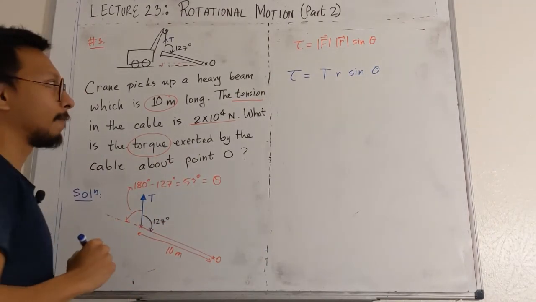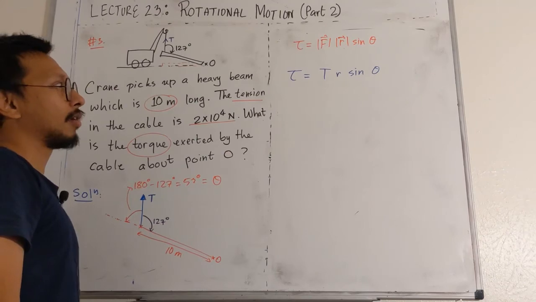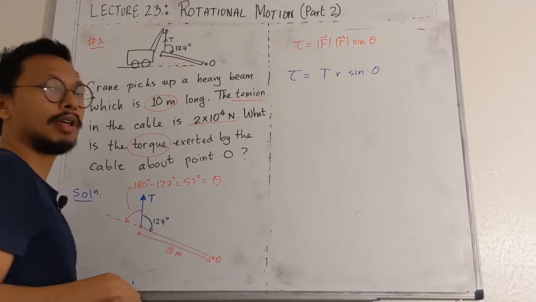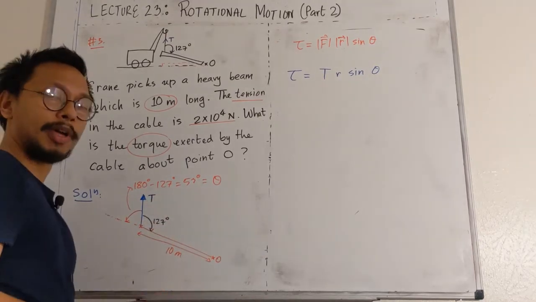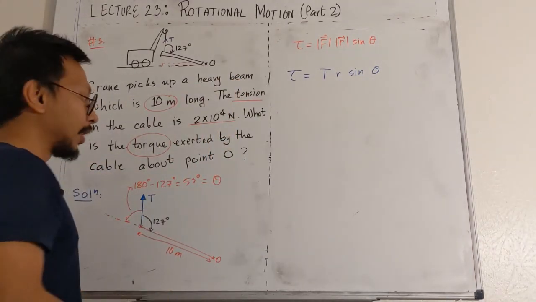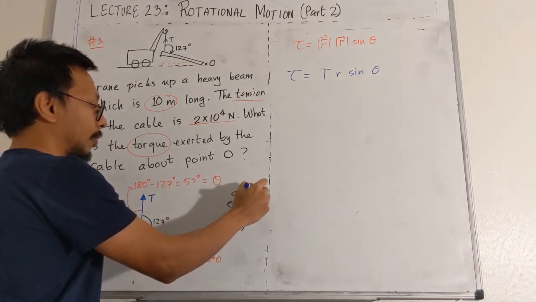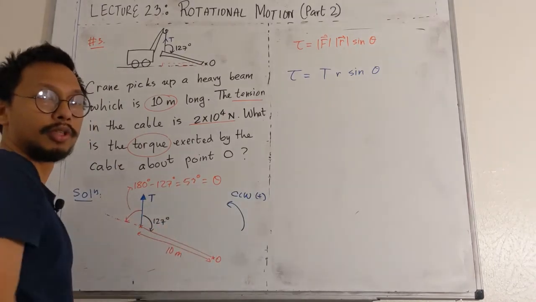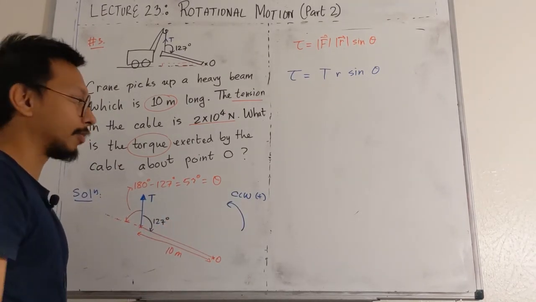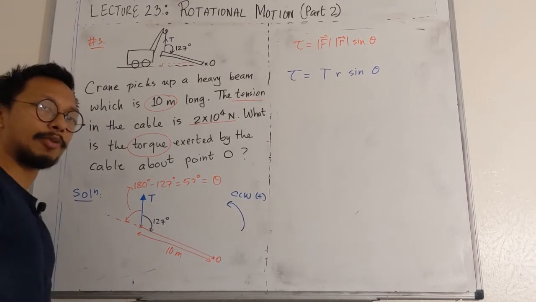But before we do that, we talked about tau being a pseudo-vector, and the direction of tau is relative to the rotational motion. It can be clockwise or counterclockwise, and we will assign tau a sign. Generally, we consider counterclockwise to be positive, but you can choose it oppositely. You can choose clockwise to be positive; it really doesn't matter. What kind of torque is tension producing here?